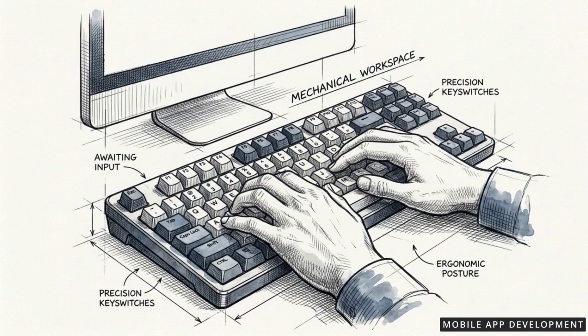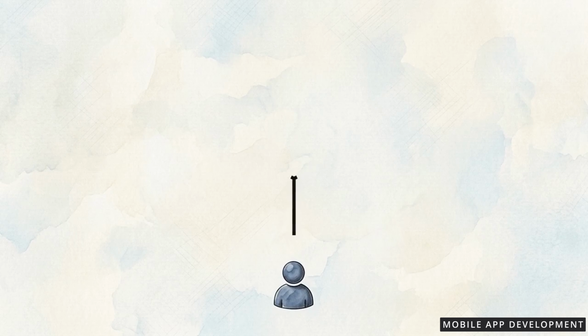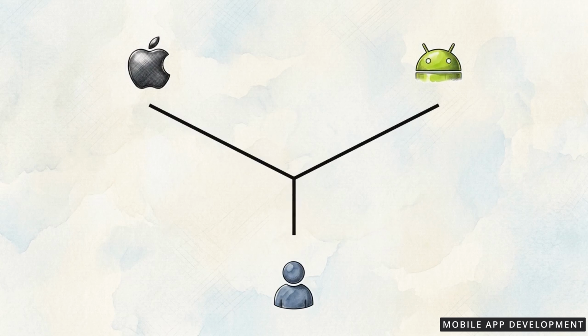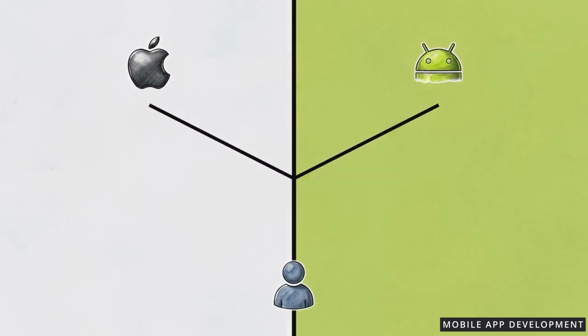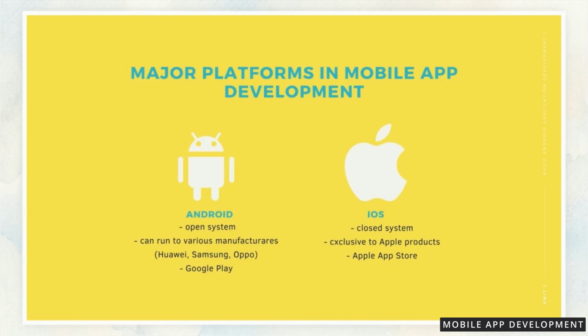But before a developer can write a single line of code for a new smartphone app, they have to make a choice. They have to decide which of the two major digital environments they want to build for. If you look at the smartphone market, it is effectively split between two giant platforms, Apple and Android. This slide breaks down the differences.